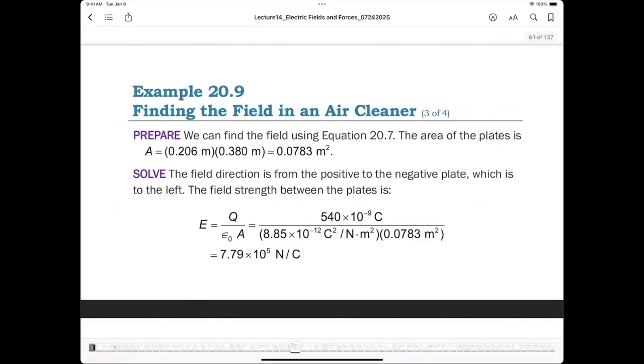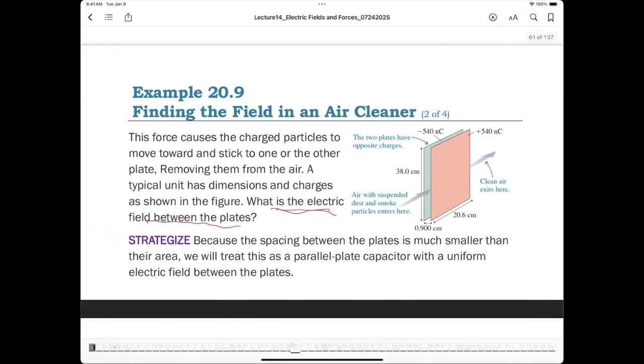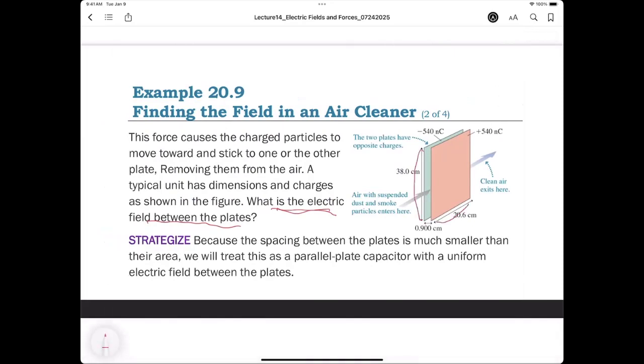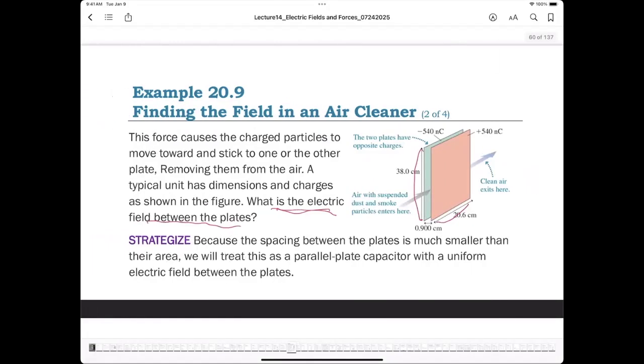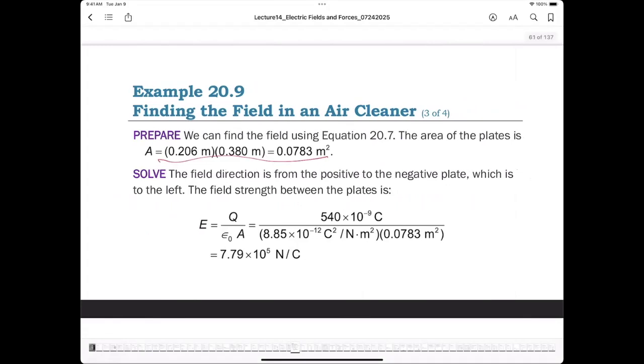We can find the field using equation 20.7. The area of the plates is one edge multiplied by the other edge. The field direction is from positive to negative, which is to the left.